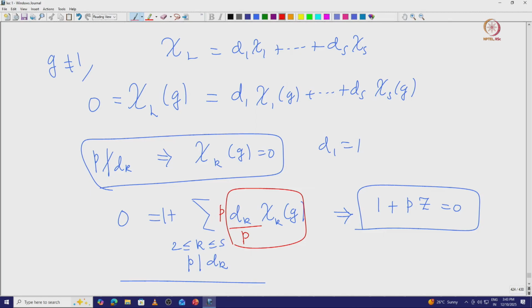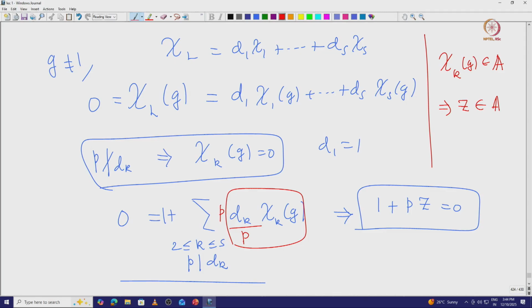But it was noted before that the character chi of g is an algebraic integer, because that is nothing but a sum of nth roots of unity. So, since chi_k of g is an algebraic integer, that would imply that this z is also an algebraic integer, because z is nothing but an integral linear combination of chi_k of g.